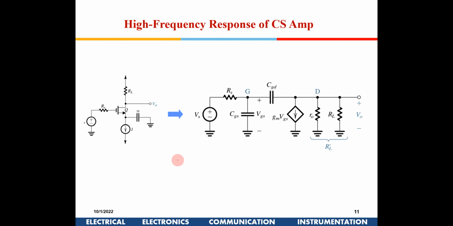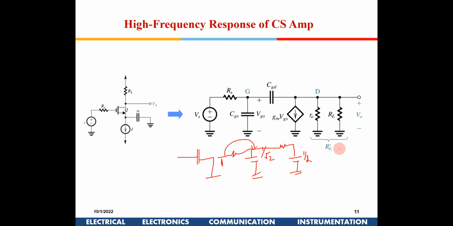Suppose this is an RC filter. When the signal is going from here to here, if it was 1 here, it will get attenuated by 1 by root 2 times, the magnitude. Again you have one more filter coming in the circuit, the signal will again get attenuated, so it will go to 1 by 2 now, right?